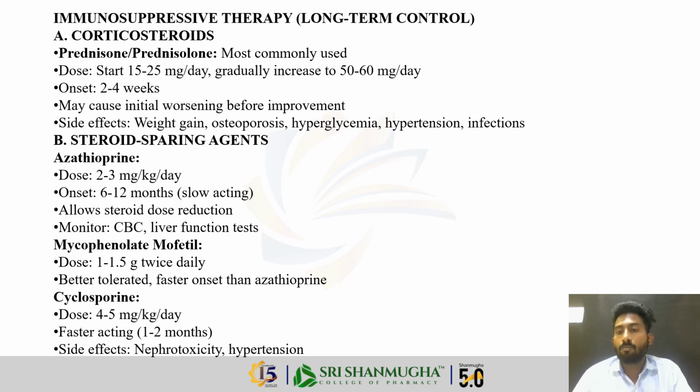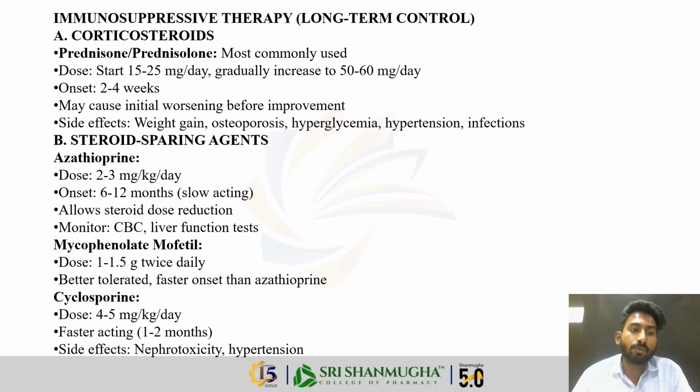Monitoring is done with CBC and liver function tests. Then there is mycophenolate mofetil, at a dose of 1 to 1.5 gram twice daily, which is better tolerated and has a faster onset than azathioprine.